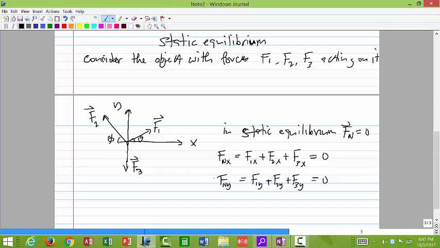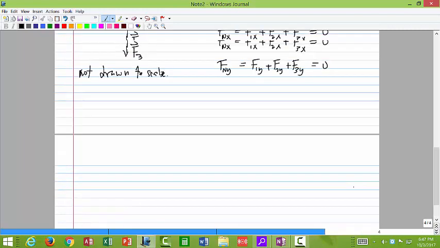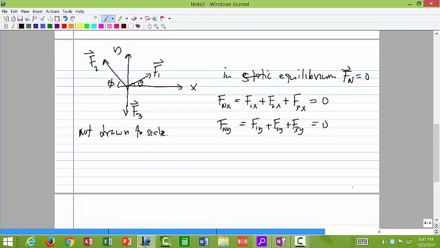That's static equilibrium, so the forces should all balance each other out. This is not drawn to scale, so let me just make a note there. Any questions at this point?